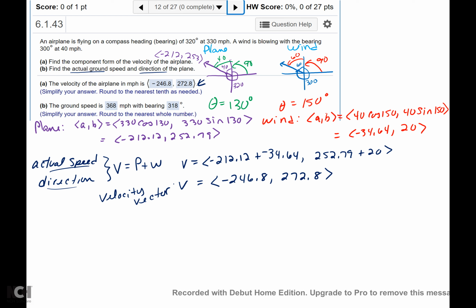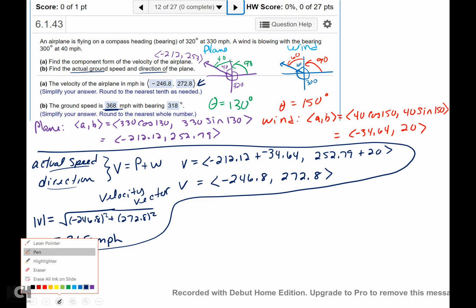So what we do then is we say the magnitude of that vector is going to be the square root of negative 246.8 squared plus 272.8 squared, which gives me approximately 368 miles per hour if I round. Okay, so there's the ground speed. Now I have to find the direction angle.